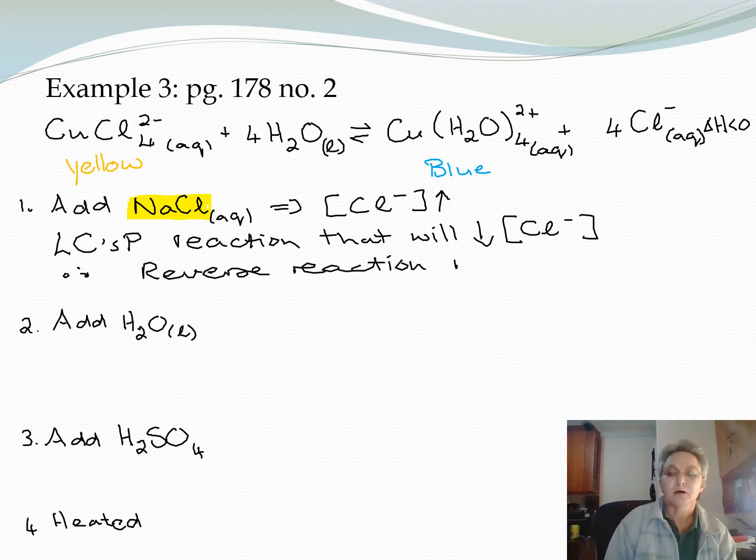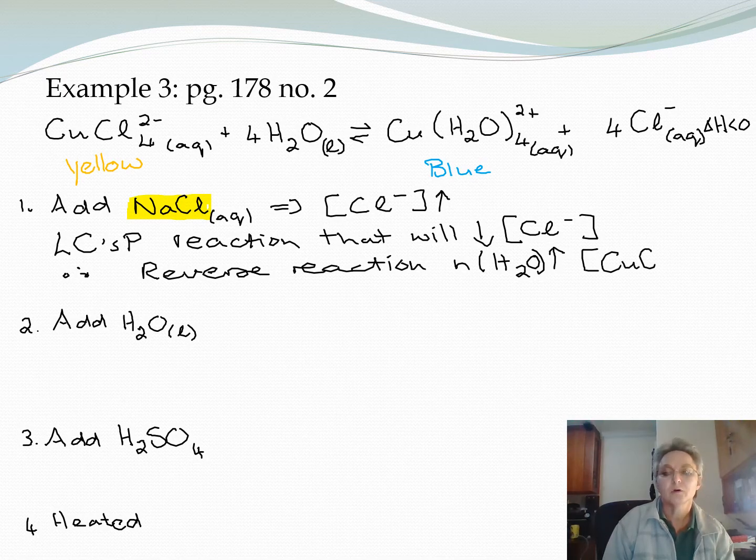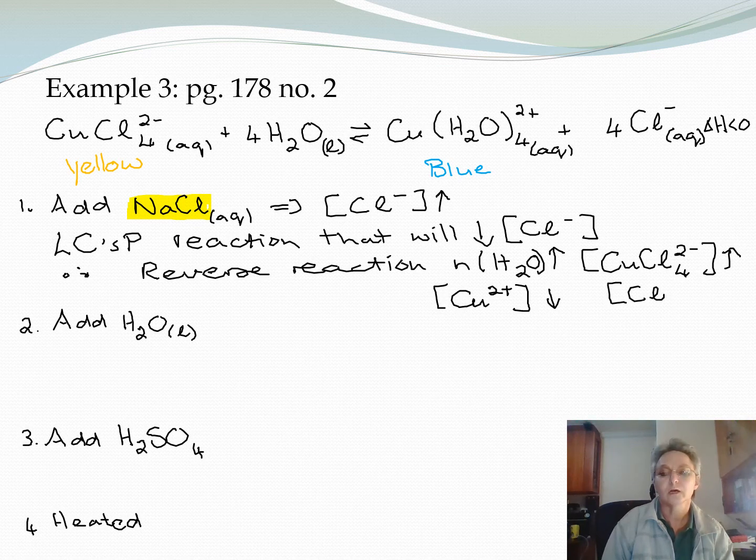So the amount of water will increase as the equilibrium shifts to the left. The concentration of the copper chloride will increase, and the concentration of the copper 2+, that's hydrated, will decrease, and after the addition of the sodium chloride, the chloride concentration will attempt to decrease.